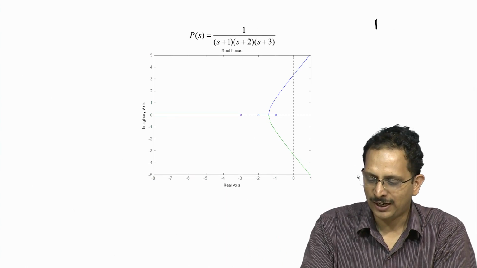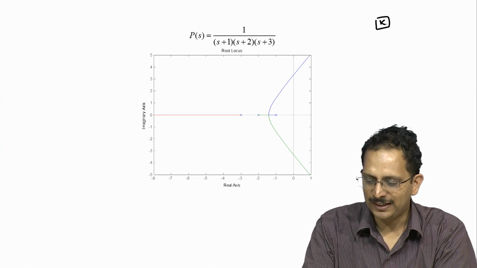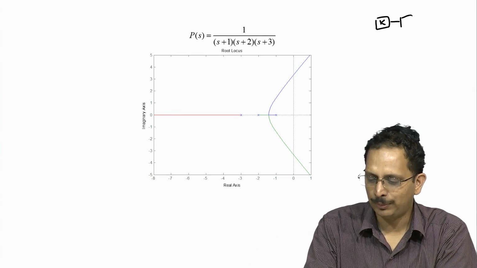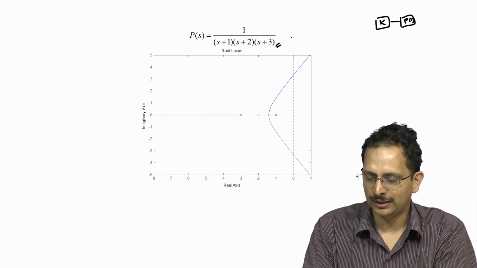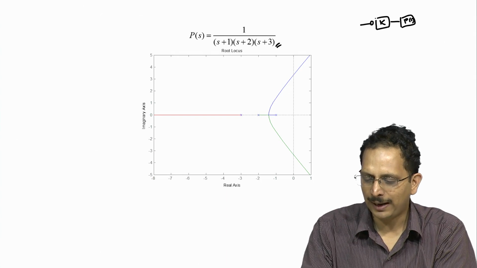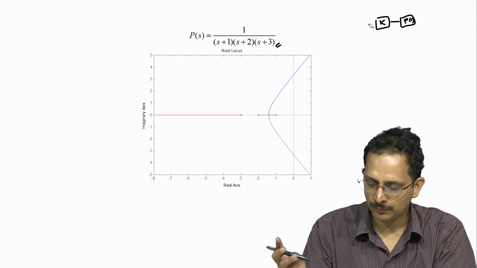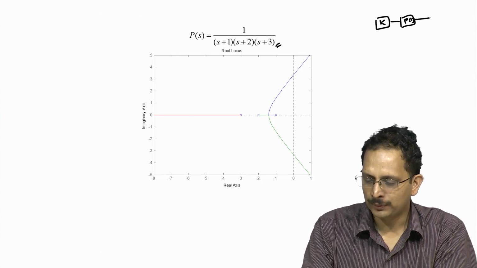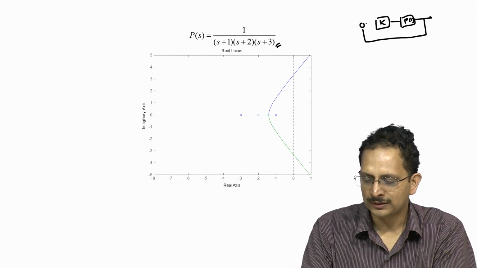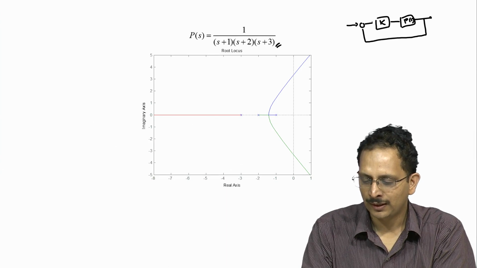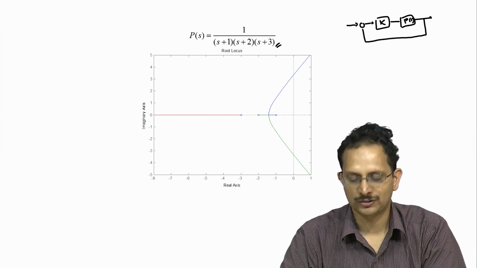So in other words, I am drawing here a gain K that is cascaded with P of S, where P of S is given by this transfer function here, and a feedback loop that is wrapped around this combination essentially will have this root locus.